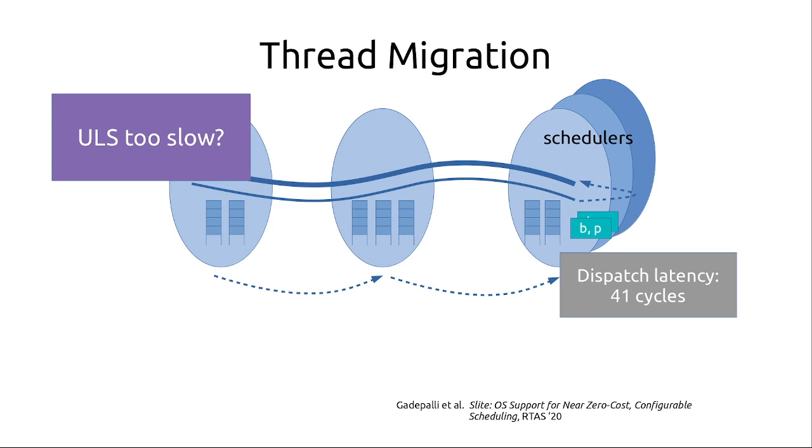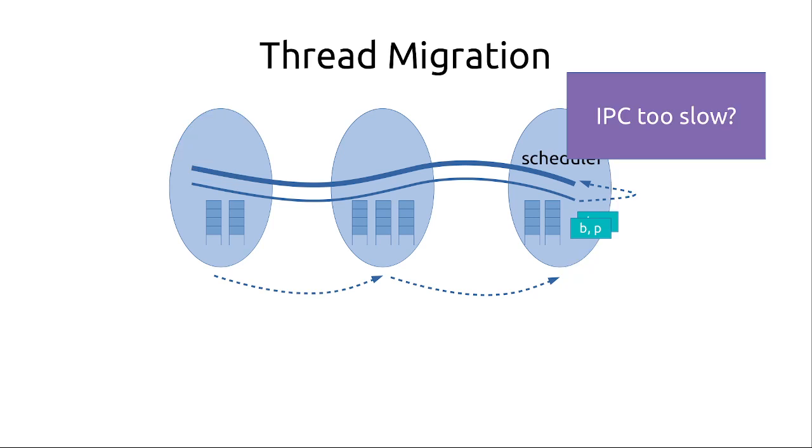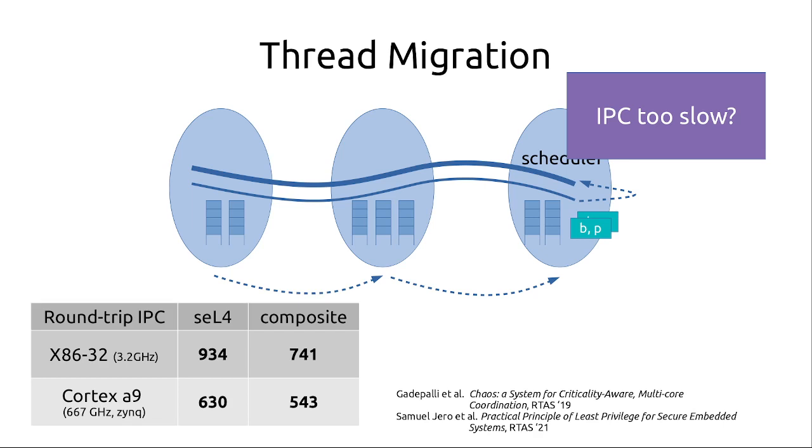But there is another source of concern here, because now if we want to do cooperative switches within the system, we don't have a blocking abstraction within the kernel, so we need to invoke the scheduler asking for ourselves to be blocked. So is IPC too slow if it's on the path of a lot of these scheduling decisions? And IPC, it's hard to look at cycle counts on their own and get much from them.